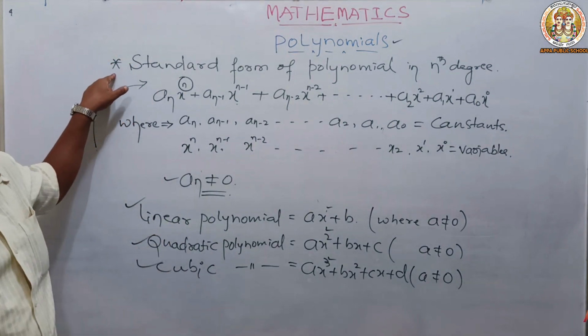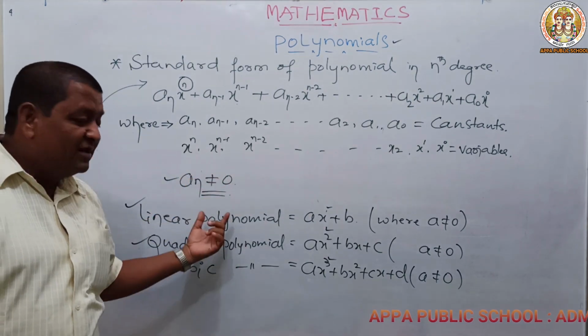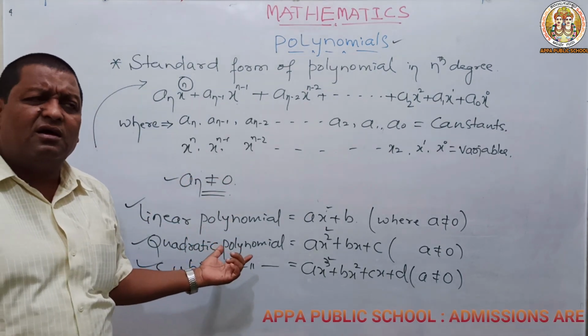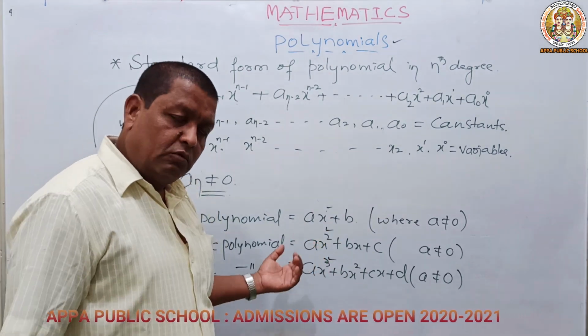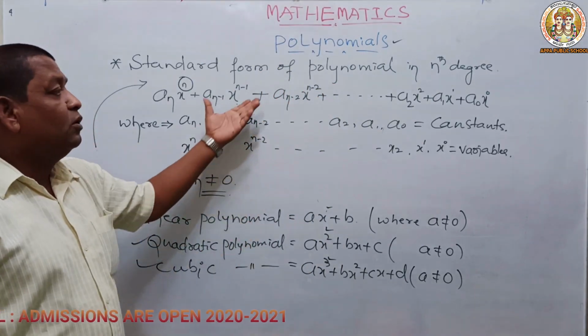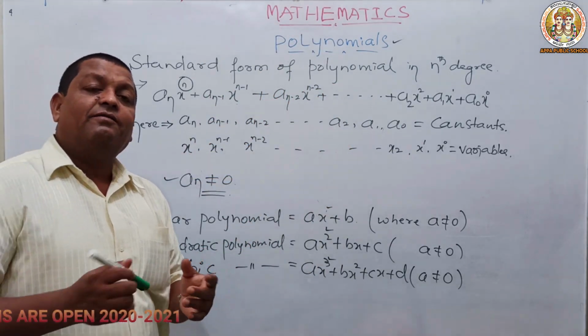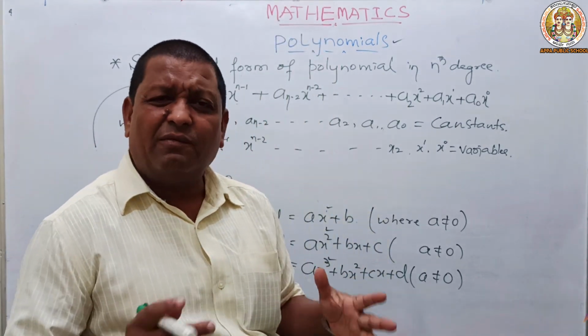This is important from the point of view of examinations. Why? Because we are often asked, instead of asking linear, cubic, quadratic like that, now we are coming to nth degree. If you write nth degree, then you can write for any degree of polynomial, be it 5th degree, 4th degree, whatever.